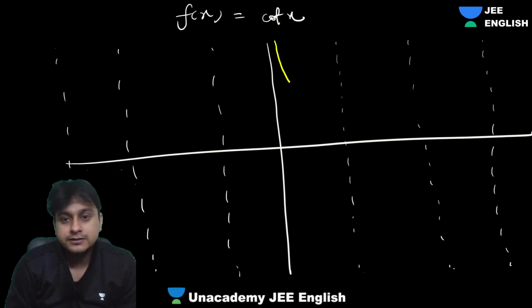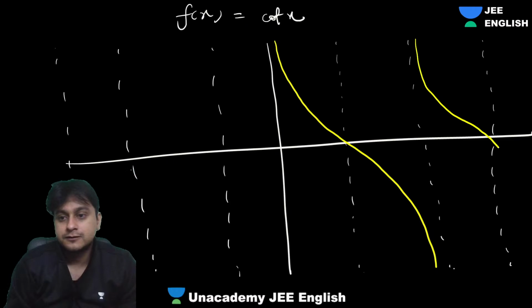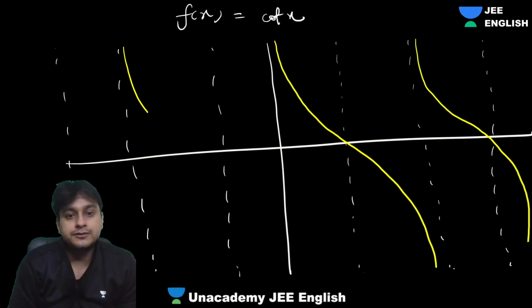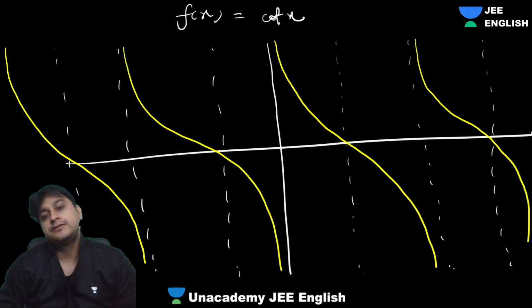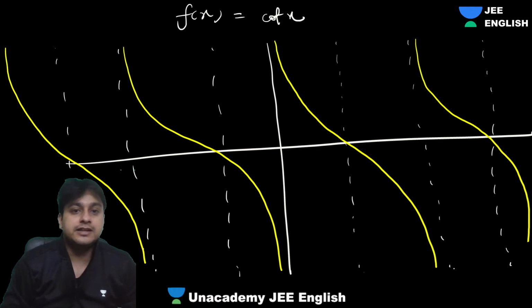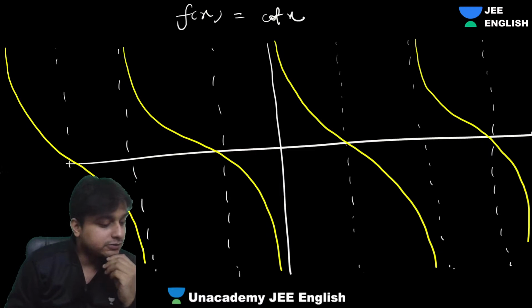The graph will start like this, and then it will go like this, and it will go like this. Fine. So this is the graph of cot x. I hope everyone knows this. 11th grade stuff. This is the graph of the cot x function, guys. So we have seen here that this is cot x.